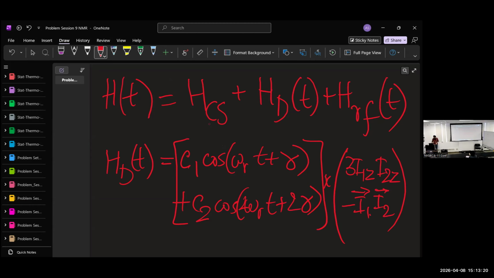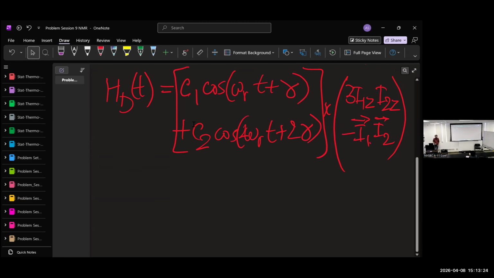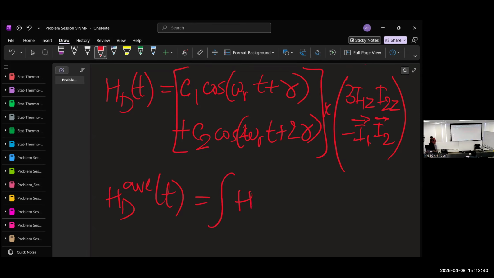We'll simplify this in a minute, but what is the average of this over the rotor period? Zero. So if I just write the average Hamiltonian without any RF interaction in question, I just average this over 0 to the rotor period, and I get 0.